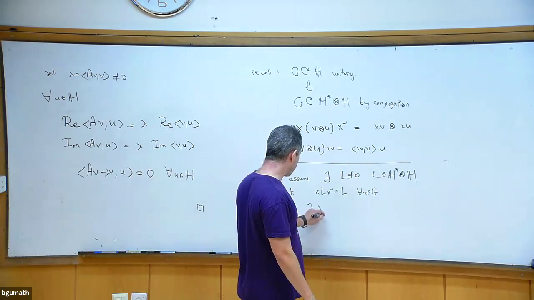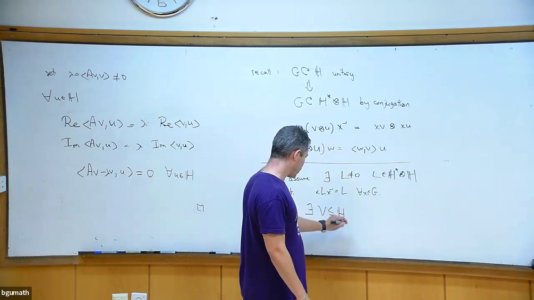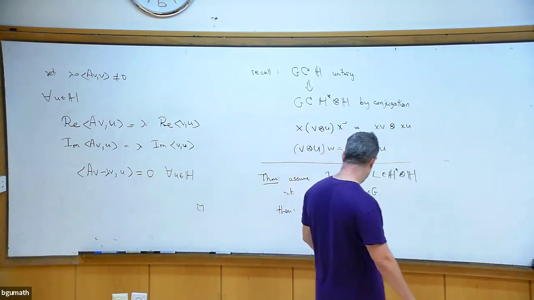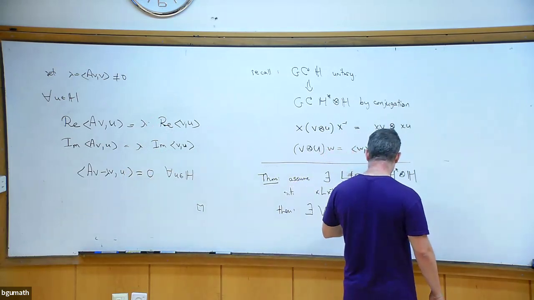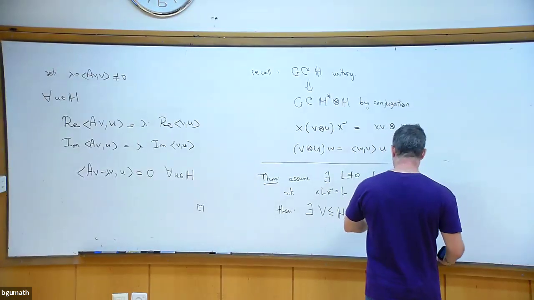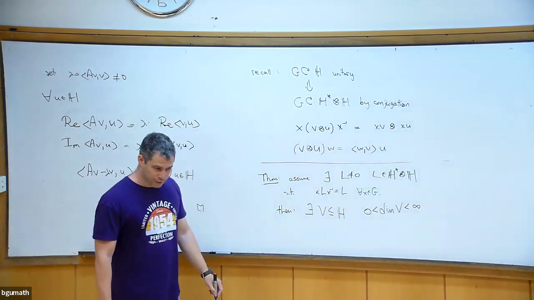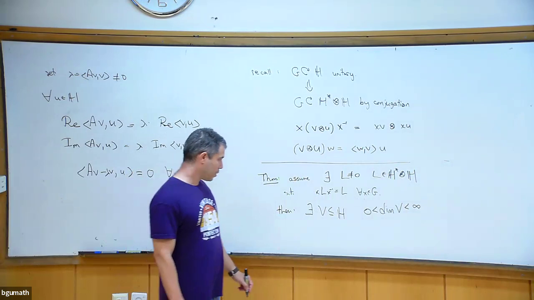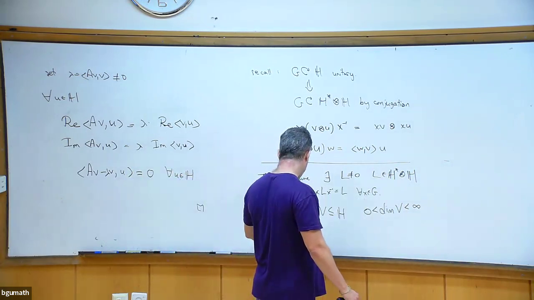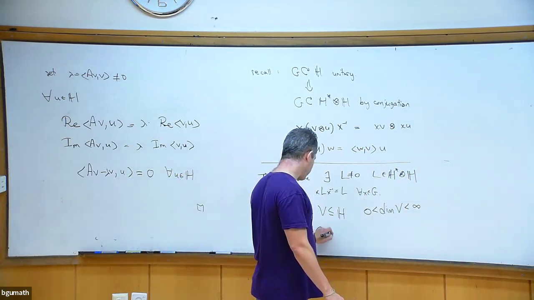there exists a subspace V of H. The subspace is non-trivial, but finite dimensional, such that it's G invariant.